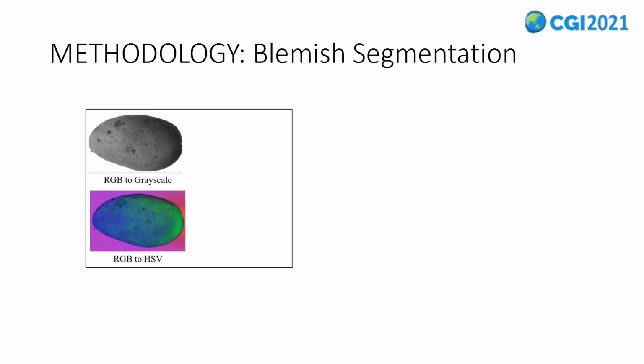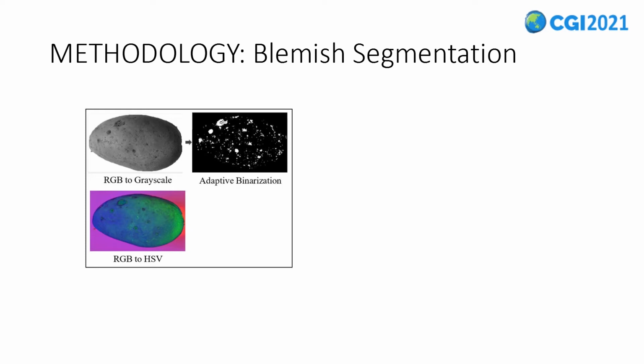Our proposed approach replaces the predefined region search algorithm with a segmentation technique to extract the region proposals. To get the binary masks, we used adaptive binarization and thresholding for the hue and value channels. After converting the RGB image to grayscale, adaptive binarization was used to compute a threshold for each pixel based on the local mean intensity in the pixel's vicinity.